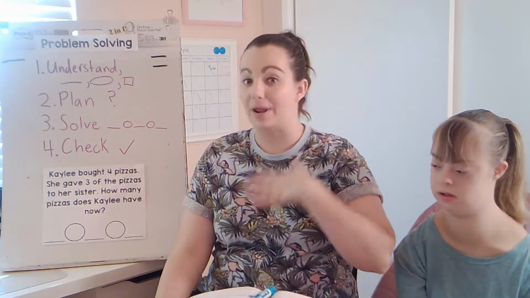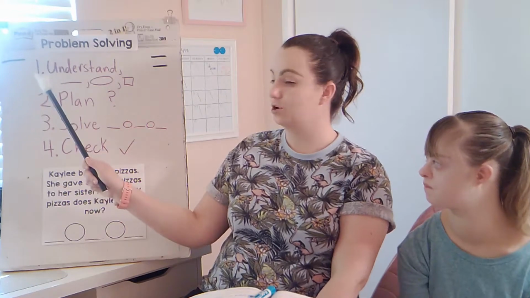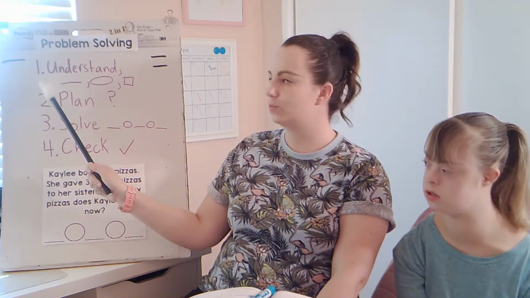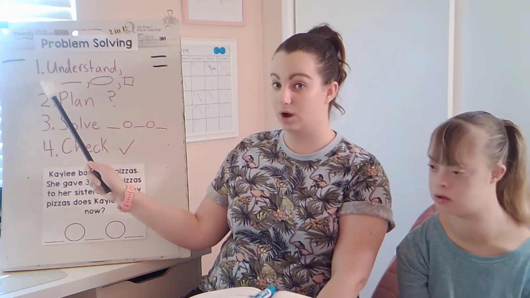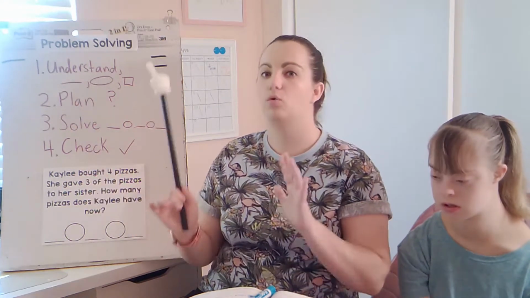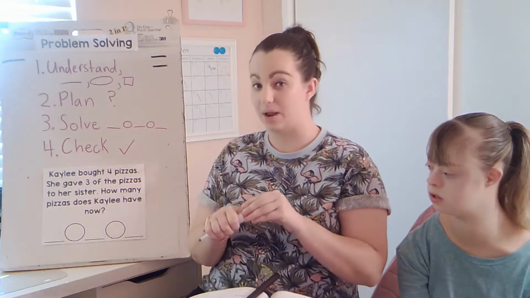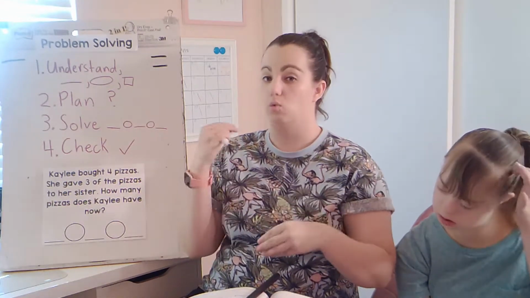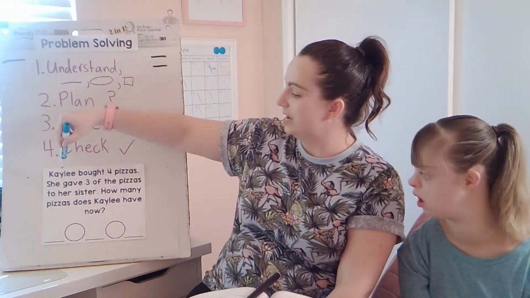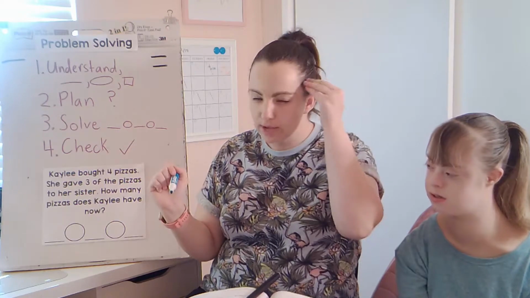Okay, we have our problem. Let's go through the steps. One, we need to make sure we actually understand the problem. We're going to start by underlining what we know, okay? So let's go back. I'm going to take my pencil and underline what we know. It says, Kaylee bought 4 pizzas. Do we know that?